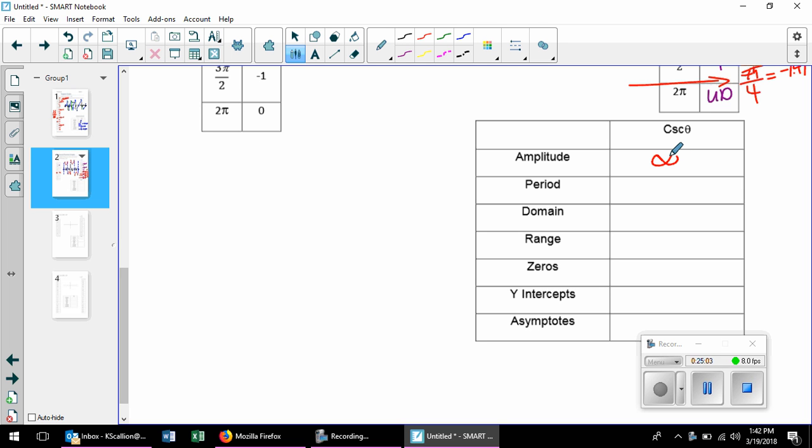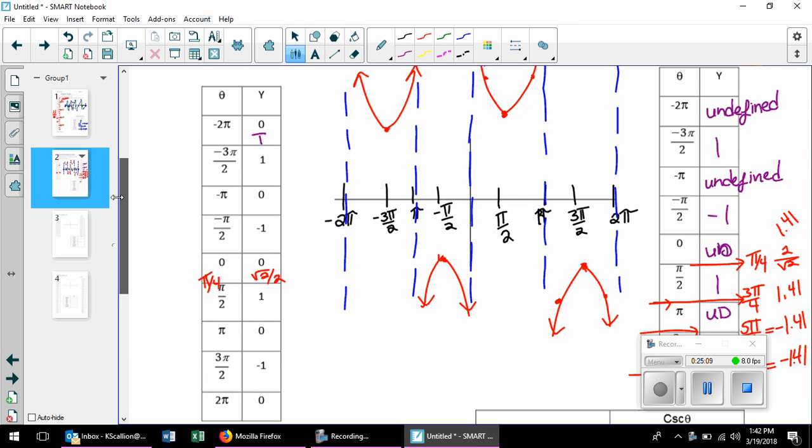Okay, period of this one. How come it's 2 pi? I've got asymptotes every pi. Why are you ruining my, why? But I was your teacher last semester. Do you know why it's 2 pi?